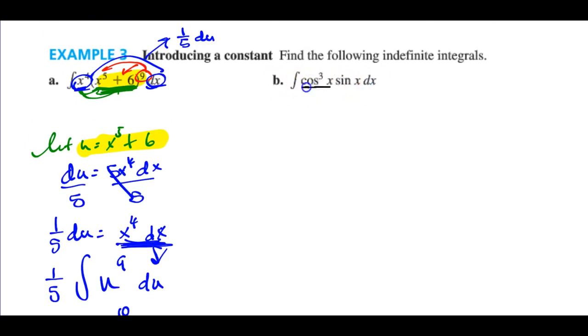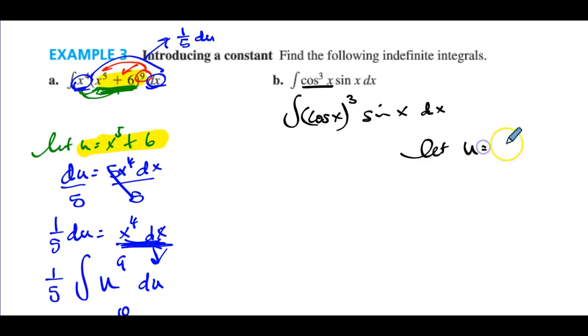For the next one, if you were to say cosine x cubed, it looks like the inside function is cosine x. So I'm going to let u equal cosine x, and du would be negative sine x dx, and then probably divide through by negative 1. So I'm going to pop out a negative 1.